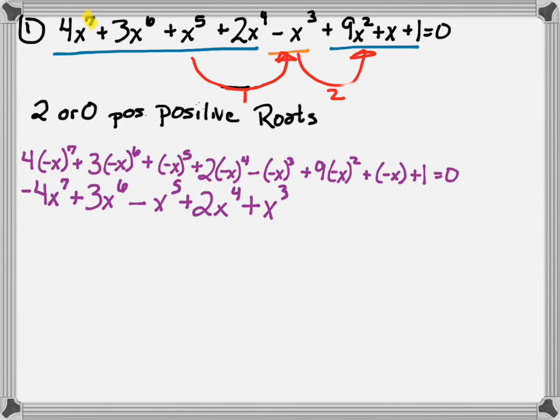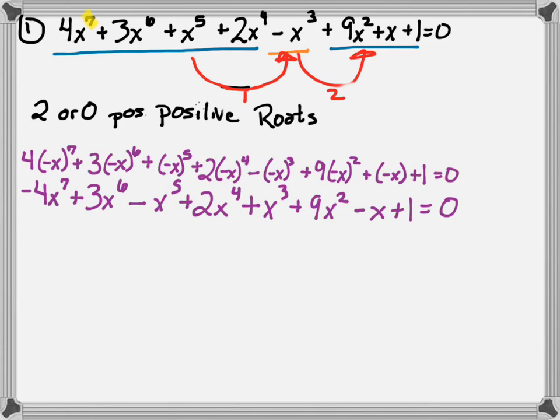Keep it or change it? Negative times a negative makes a positive, so positive doesn't change the sign. So we keep it. And negative x to the 1st power means we have a negative, and so we're going to change it. And that 1 doesn't have any x's involved with it, so we just write down a 1.